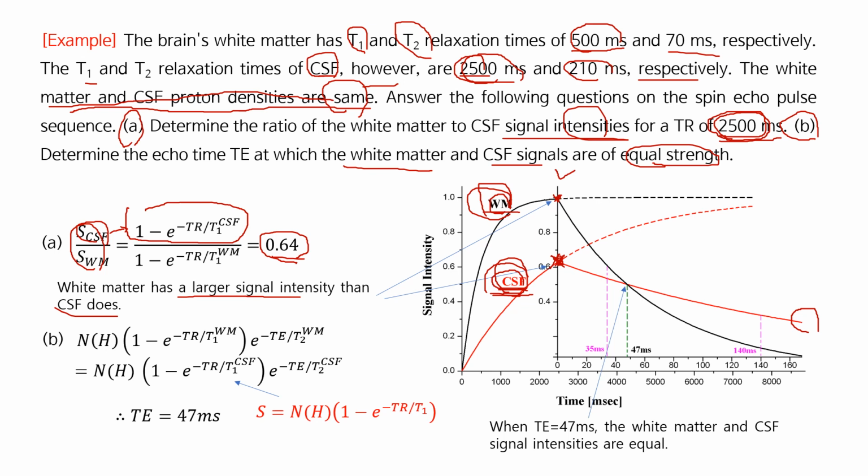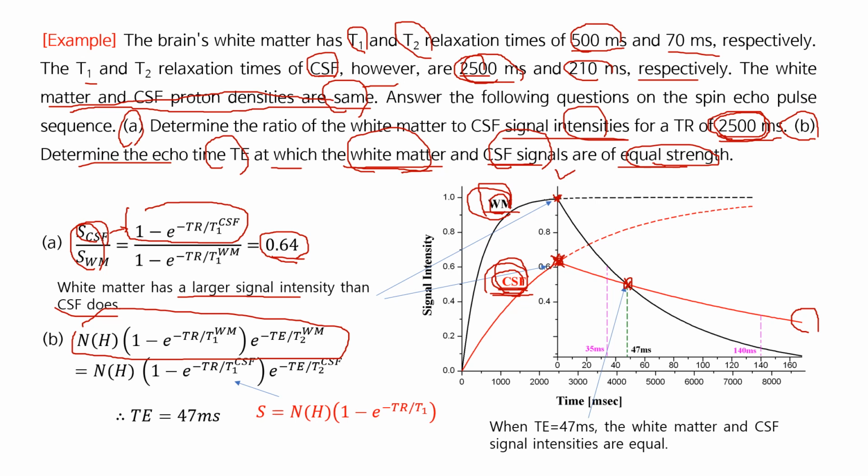So the question is to determine the echo time TE at which the white matter and CSF signals are the same at this moment. And we have this signal intensity expression.